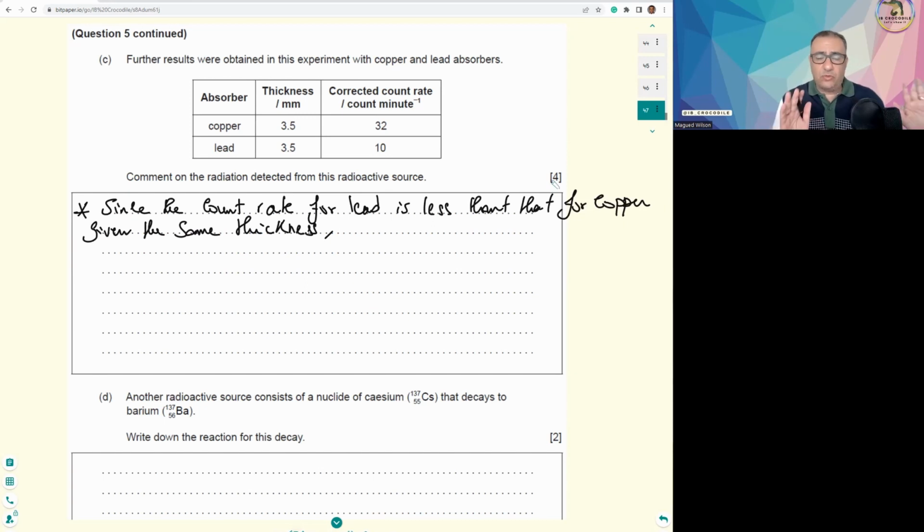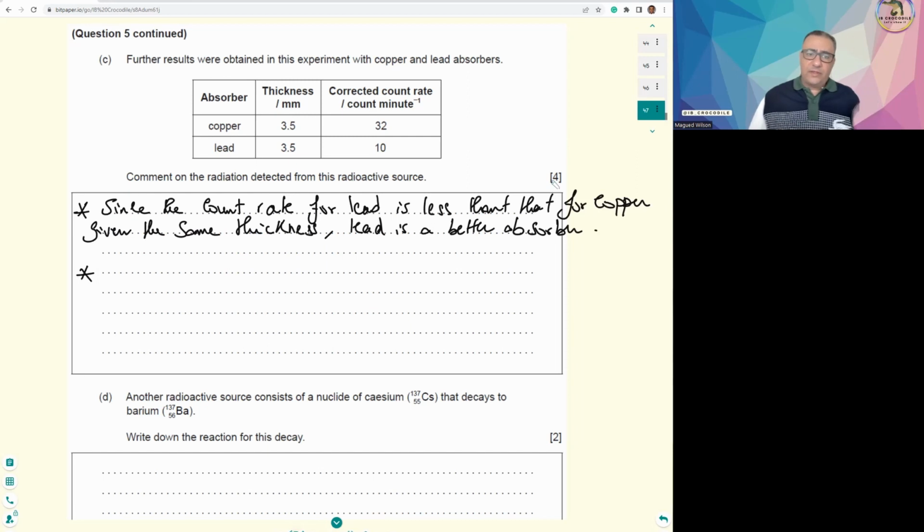Okay, just a simple conclusion, observation, right? So you can say, okay, lead is a better absorber than copper.